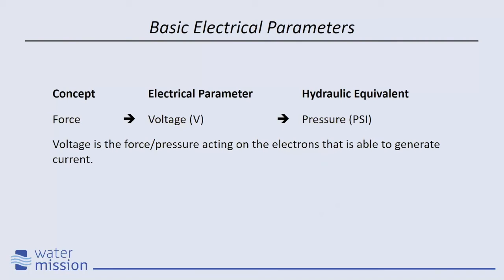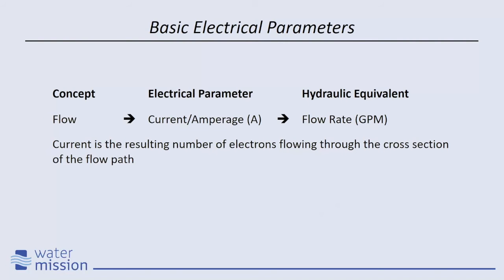It's generating these electrons to move. And when we talk about flow, electrical current, current is what happens due to the force, due to the pressure, the voltage. All right? So current is the resulting number or rate of electrons flowing through a cross-sectional area of the wire.